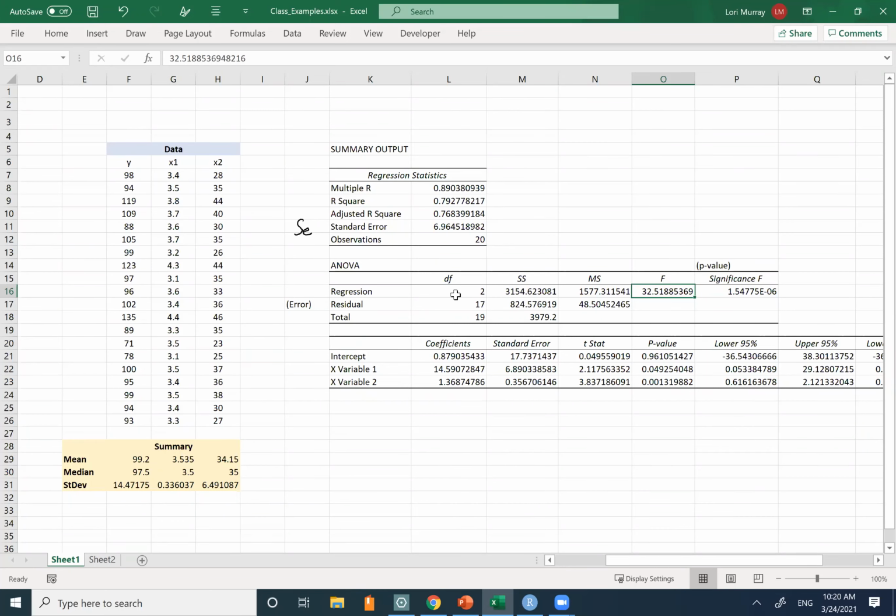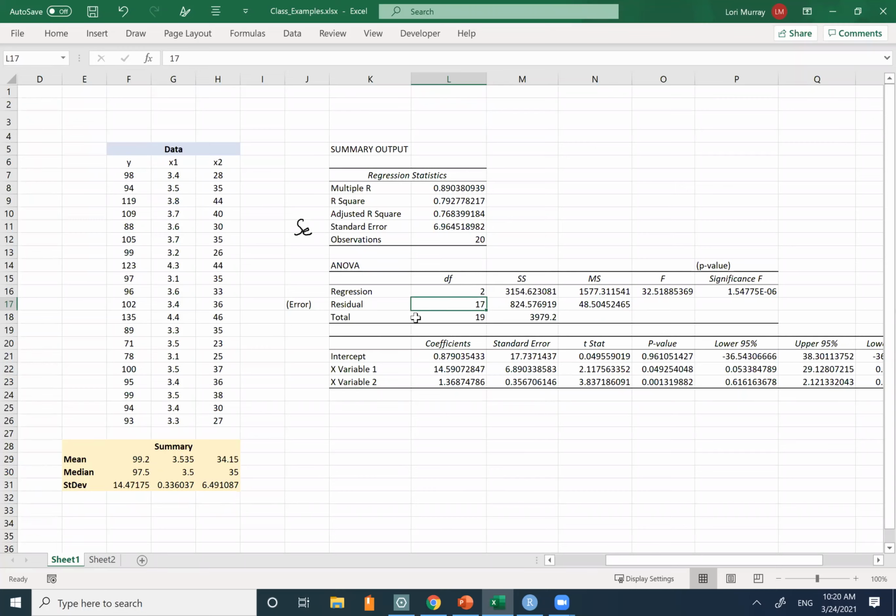Okay, degrees of freedom. For the regression, the degrees of freedom is 2, and that is equal to K. We call that K, the number of independent variables. So we have X1 and X2, so that's why we have 2 there.